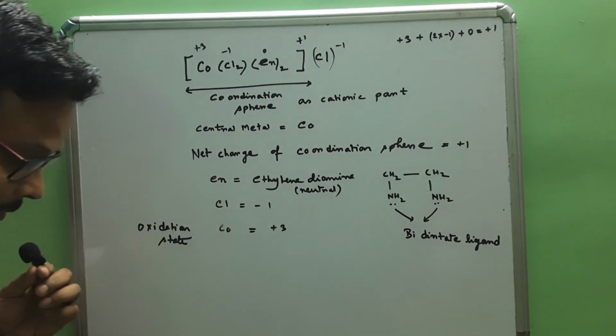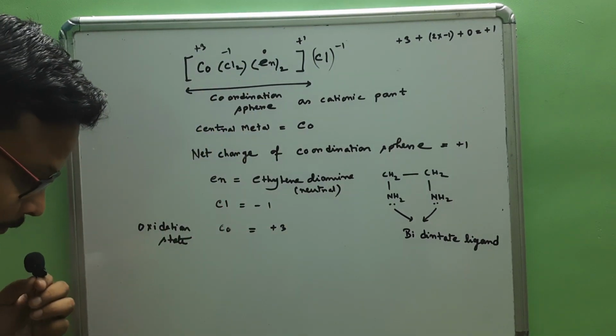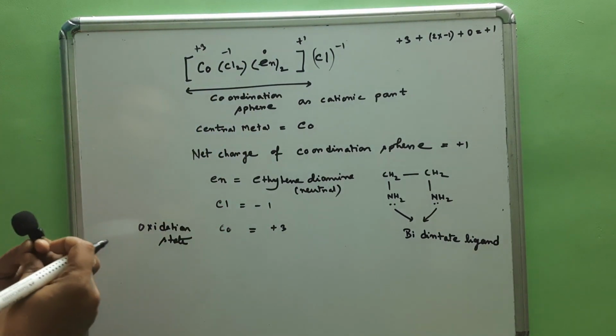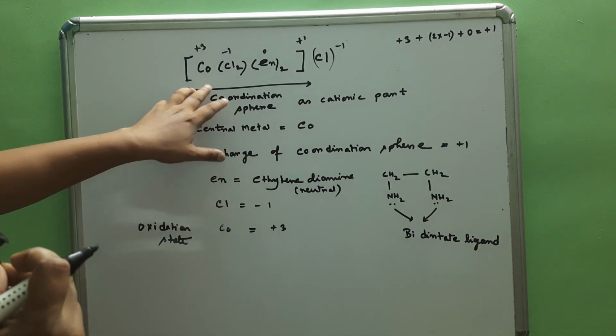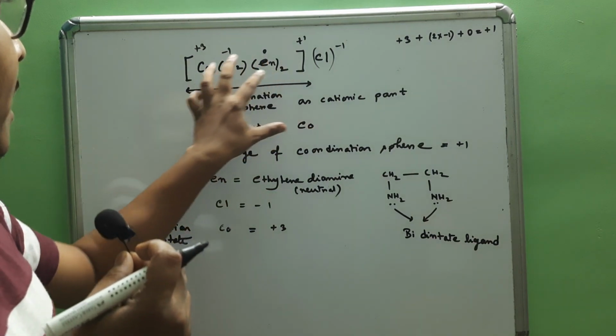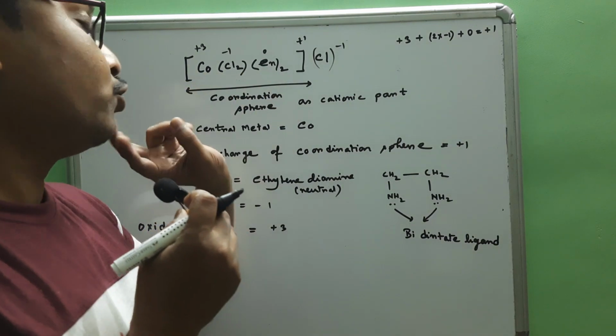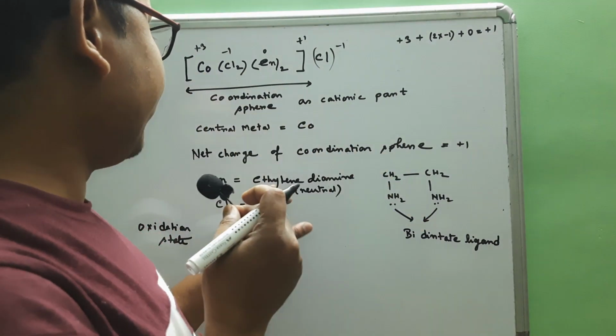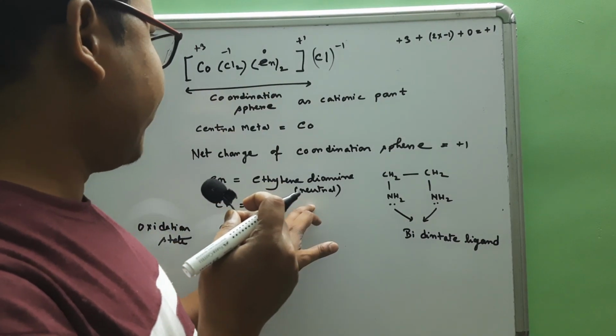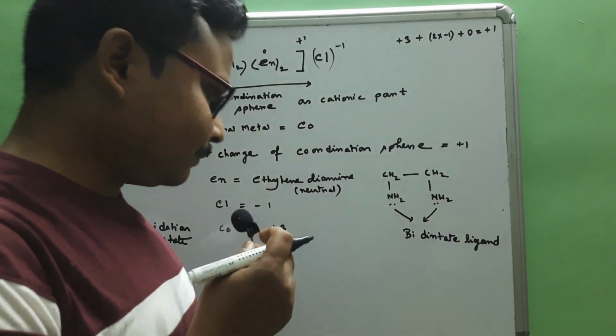Now let's start naming the molecule. Two types of ligands are there: ethylene diamine, en, and Cl, which means chloride.